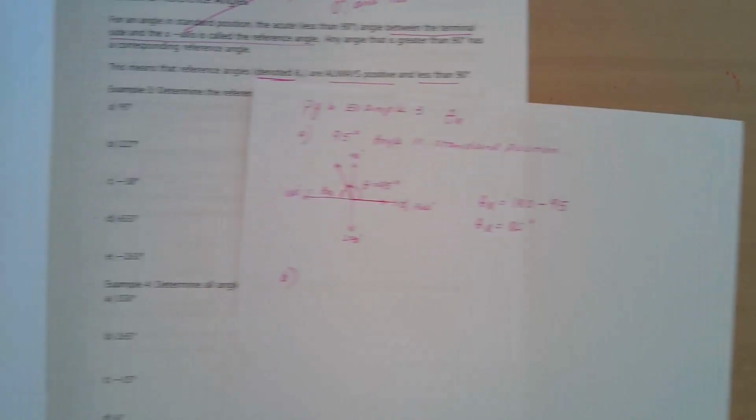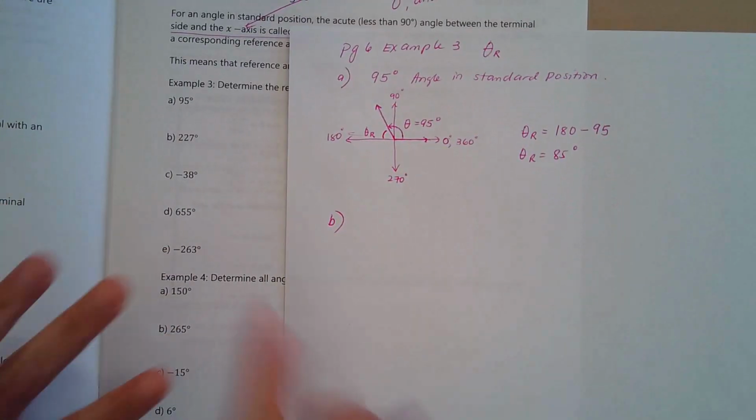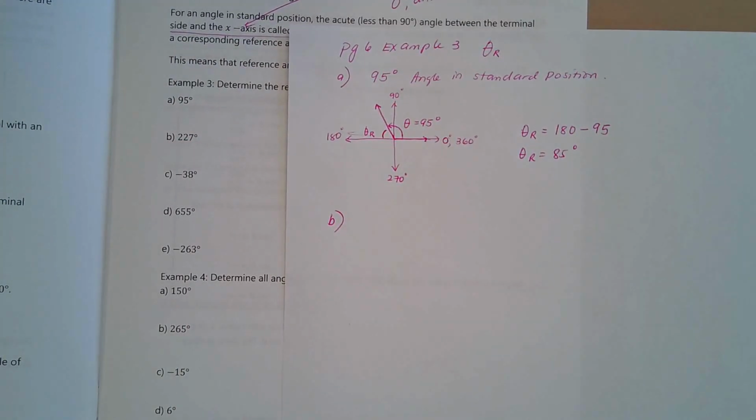Why don't you go ahead and figure out where 227 degrees is going to land, like where the terminal arm is going to be.